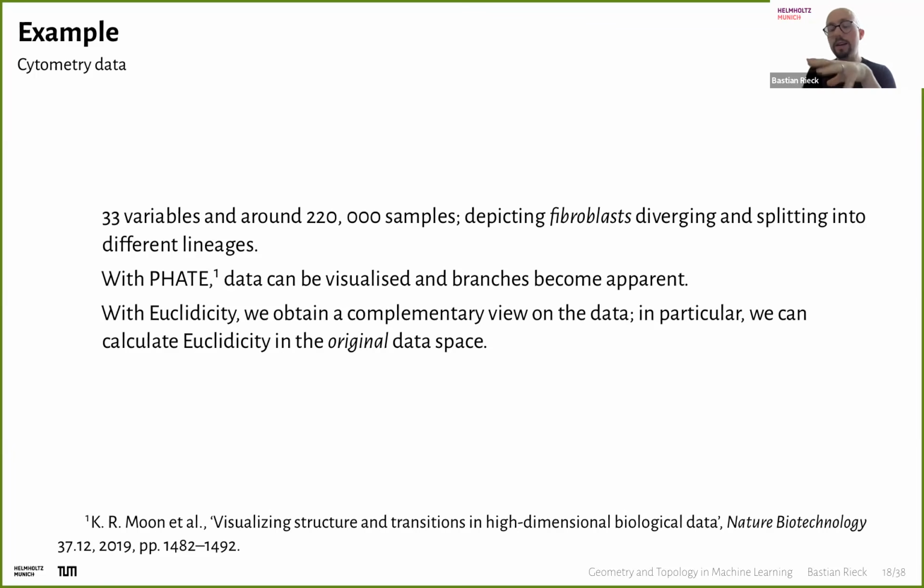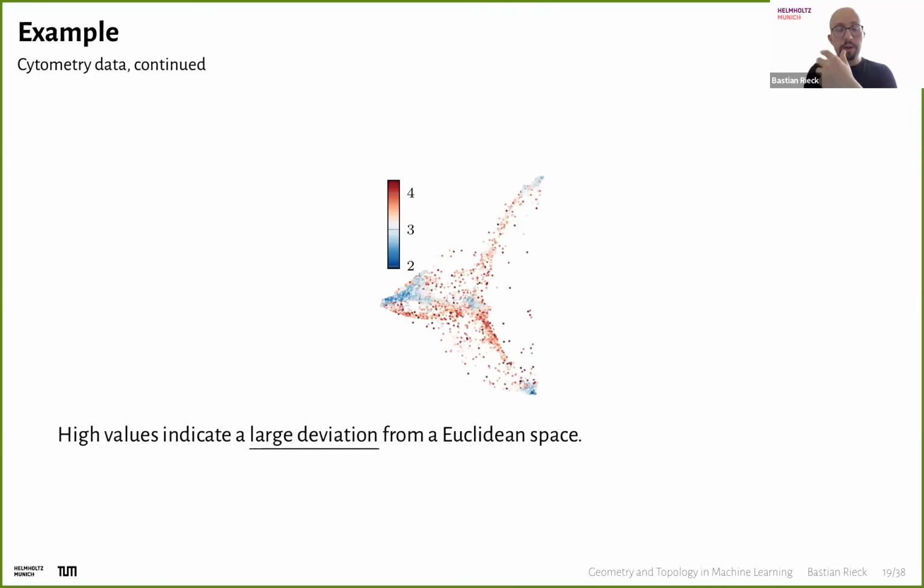So we can basically calculate this on the original space and then overlay it on top of different dimensionality reduction algorithms and see whether certain parts of the data have been nicely retained. So a picture says more than 1,000 words. Let's take a look at what this says. And indeed, you can see that we get this branching structure in our unsupervised dimensionality reduction algorithm. And when we overlay this with the Euclidicity values that we calculate on the original data set, we can see that there are some large deviations from Euclidean space.